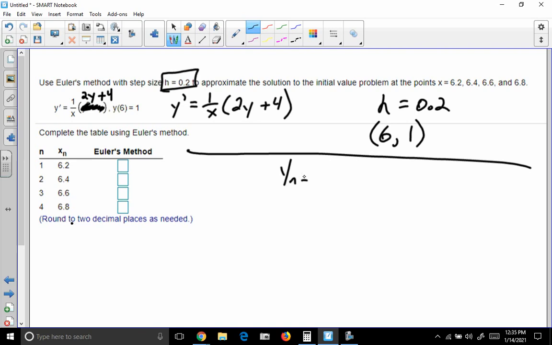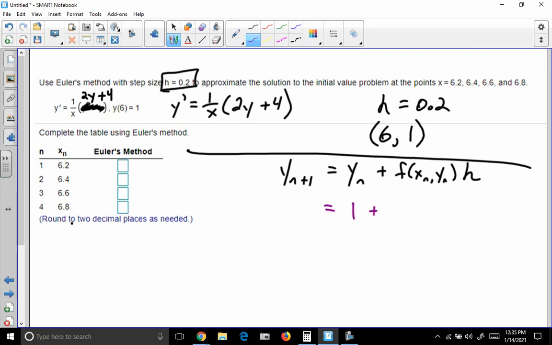So if we write out our algorithm, our recursive formula, now we just need to substitute. So our first point has a y value of 1.